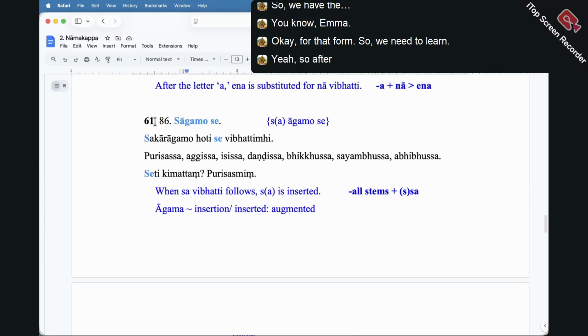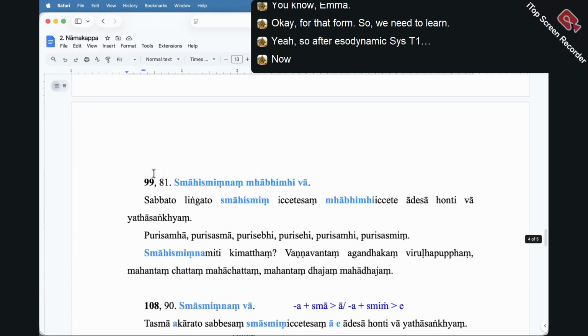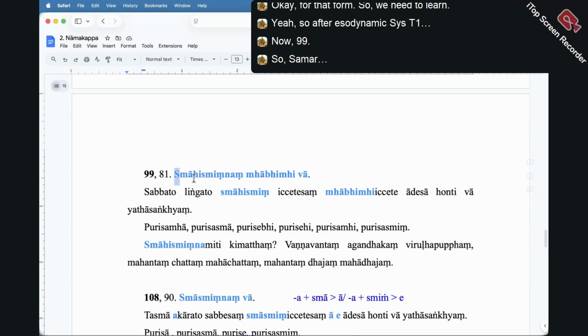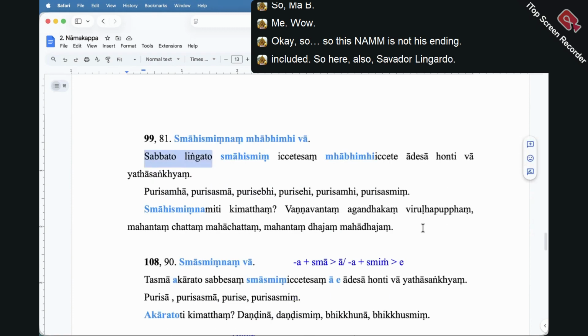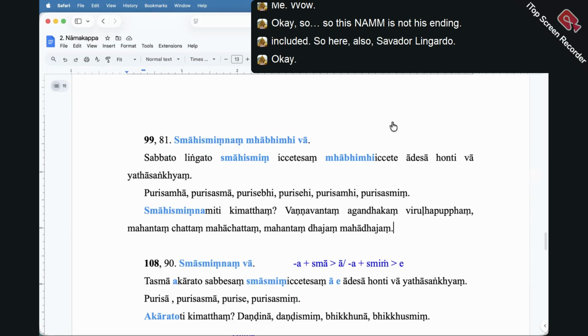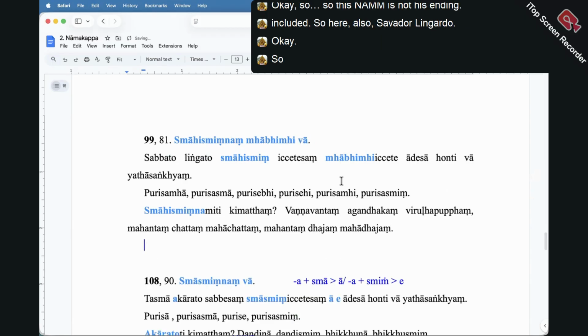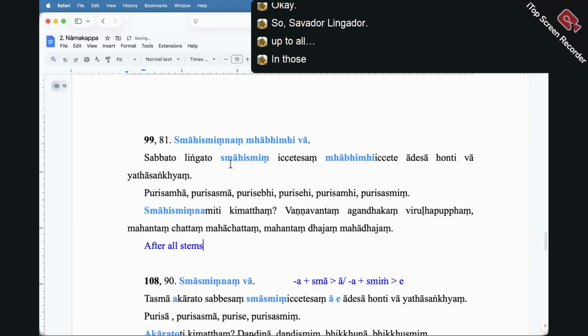So after sutta number 61, now 99. So sama, he, same, nan. So ma, bi, mi, wa. So this name is not his ending included. So here also sabbado lingato, after all stems. So sama, he, same.